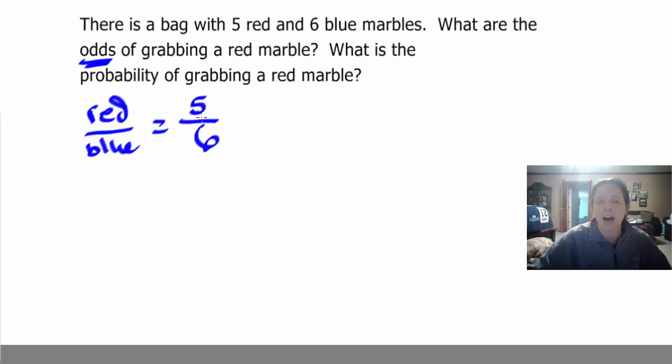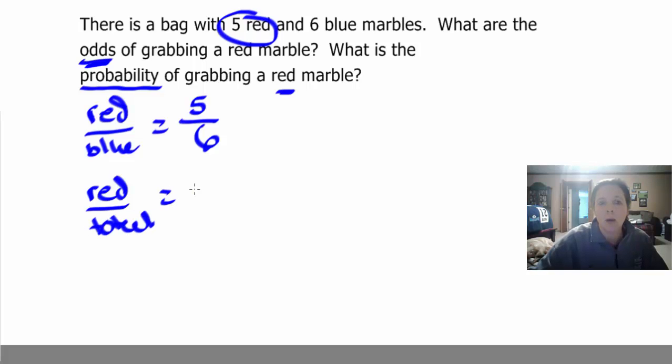It would be 5 out of 6 are your odds. Now it says, what is the probability of grabbing a red? Well, the red is still 5, so this would be red over total possible outcomes. You would add 5 and 6 to get 11.